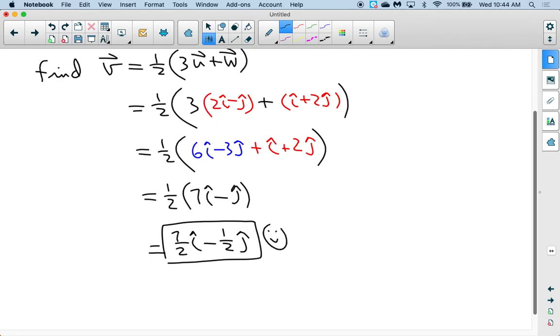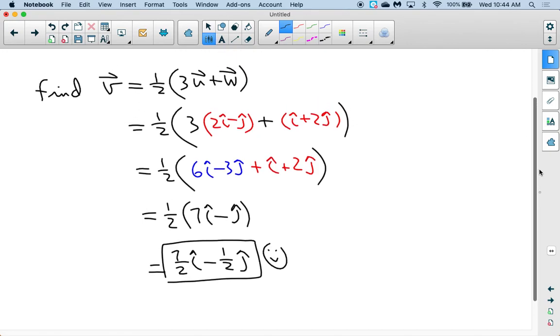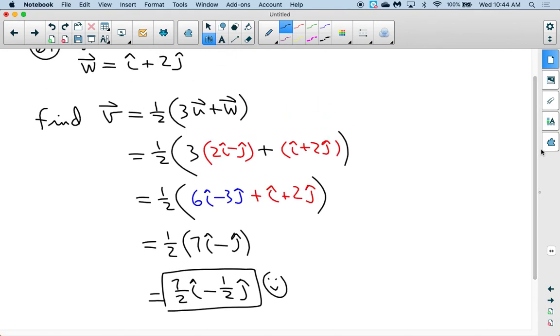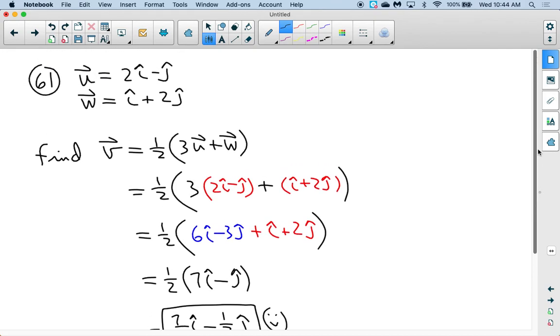Now, he wanted you to sketch the vector operations here. I'm not sure if he wants just the final version of V or not, but we can kind of do this. So 2I minus J: 2 to the east, minus 1.